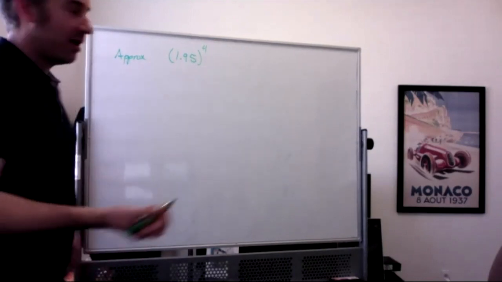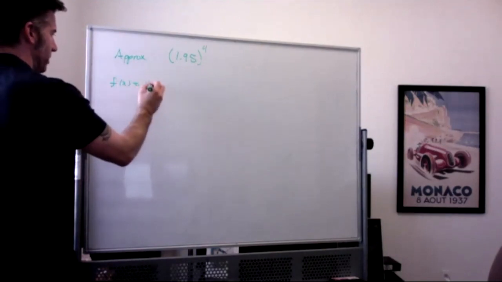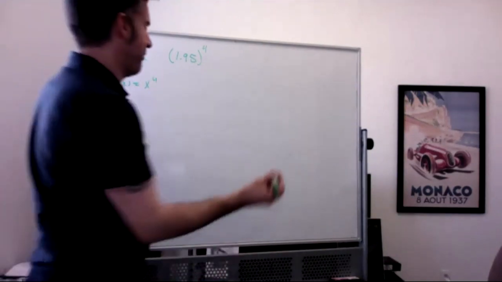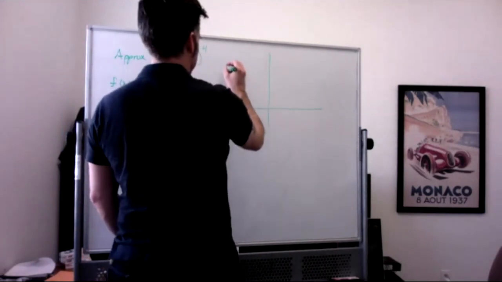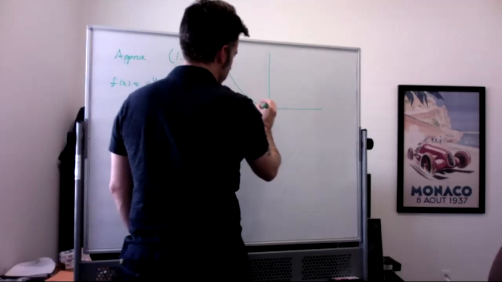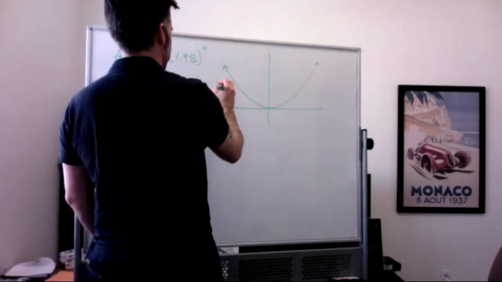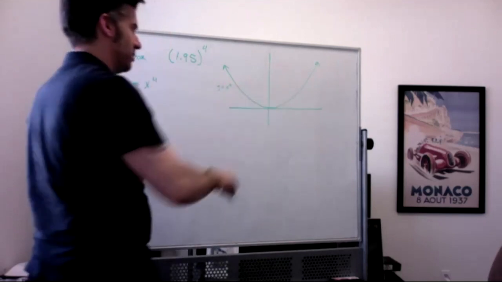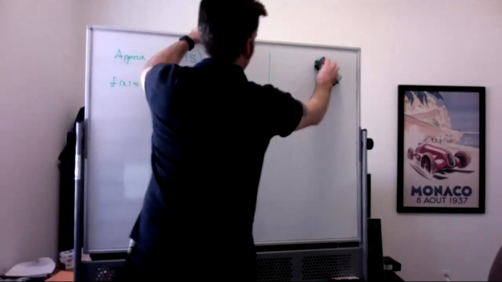Same idea. I know that my function, f of x, is going to be x to the 4th, which I can even kind of graph. I'm going to graph it kind of not really well, pretending like this is x to the 4th. We'll come back to this picture in a second.